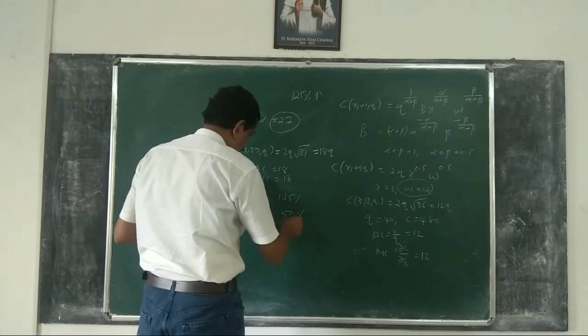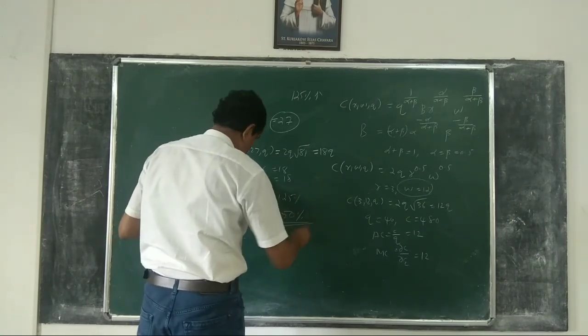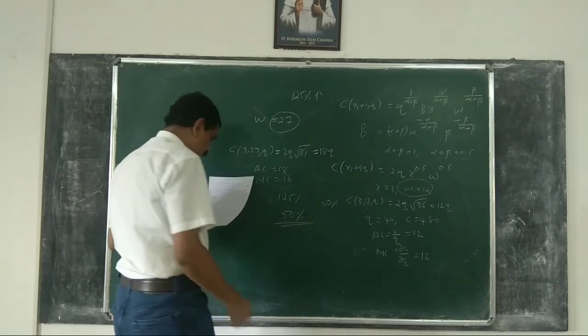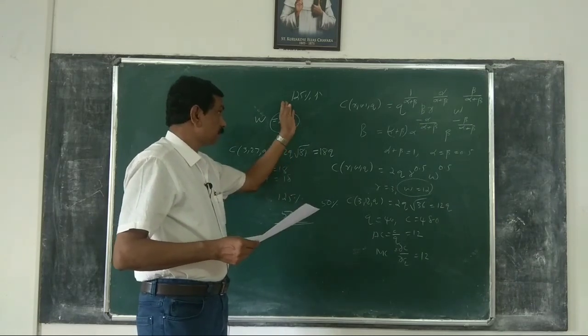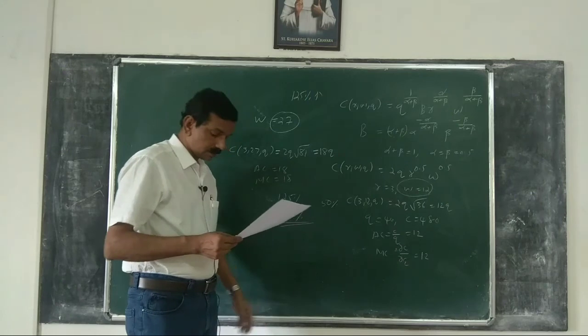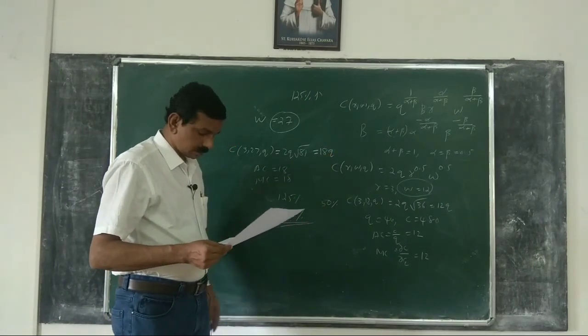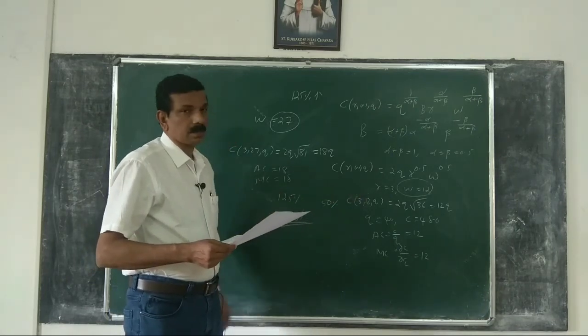And this happens because labor represents 50% of all costs. Labor cost increases by 125%, but cost increases by only 50% because labor represents only 50% of all the costs, and also the firm substitutes capital for labor.